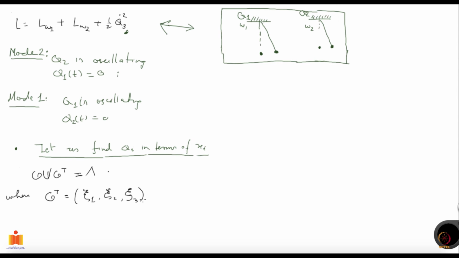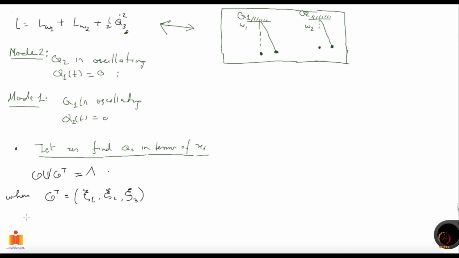That you will already know from your understanding of matrices, which we also talked about a couple of videos ago. So these xi1, xi2, xi3 are the column vectors. This is a column, this is a column, this is a column. That's how you get a matrix.